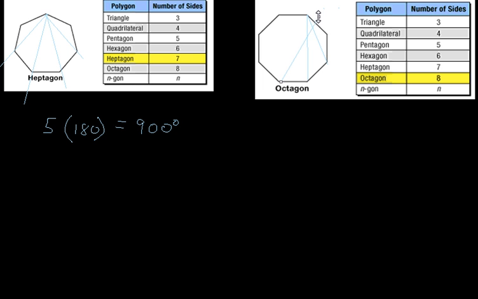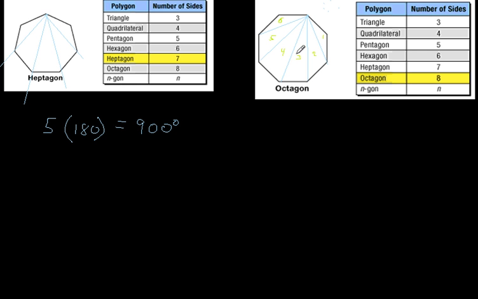The third. So now I have 1, 2, 3, 4, 5, and 6 triangles, and I'm going to label those on the inside just to say that I know how many I have. So now I know I have 6 triangles inside of one octagon.